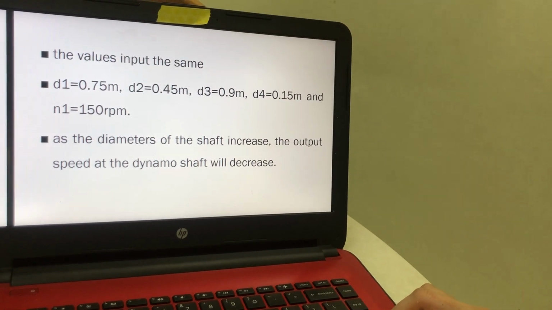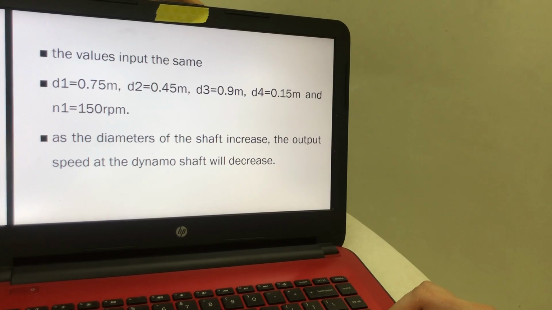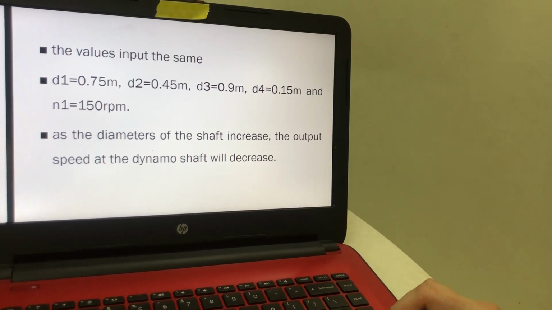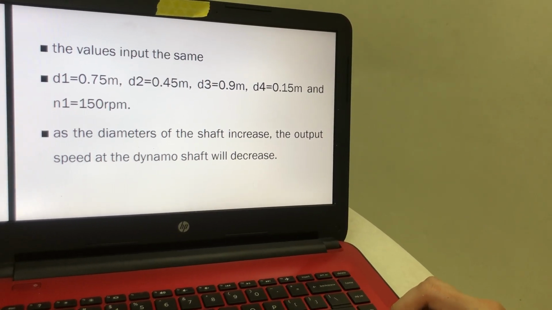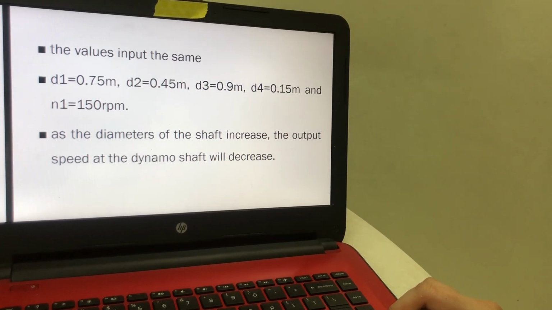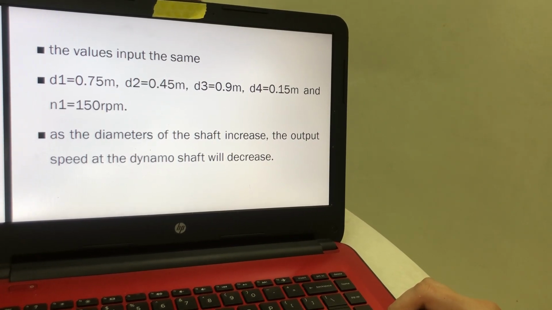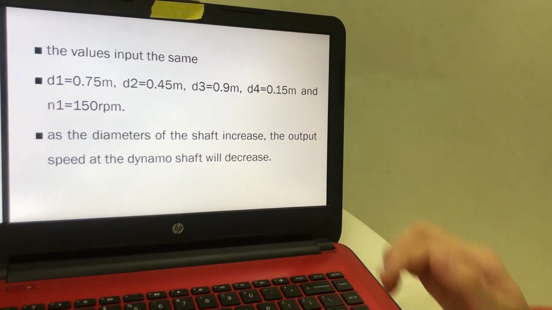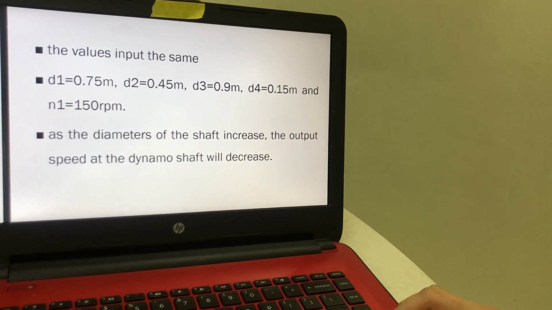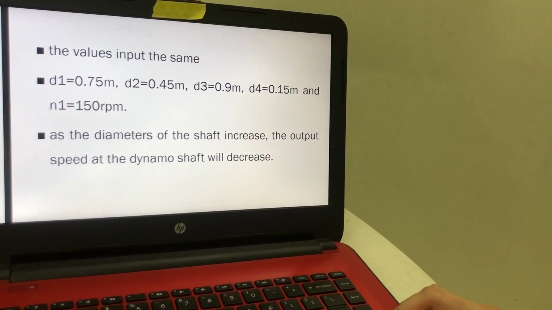The values of input for my project are the same: D1 equal to 0.75, 0.45, 0.9, 0.15, and 150 RPM. From the results, I can discover that as the diameter of the shaft increases, the output speed at the dynamo shaft will increase too.